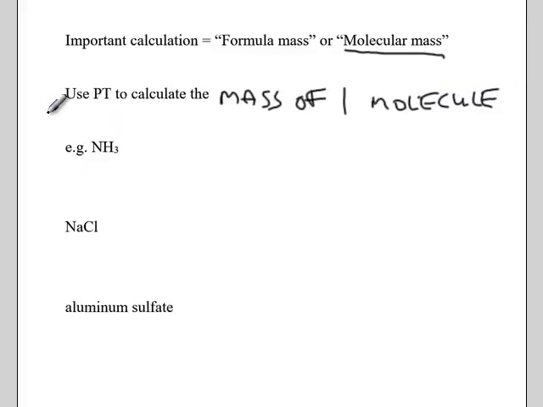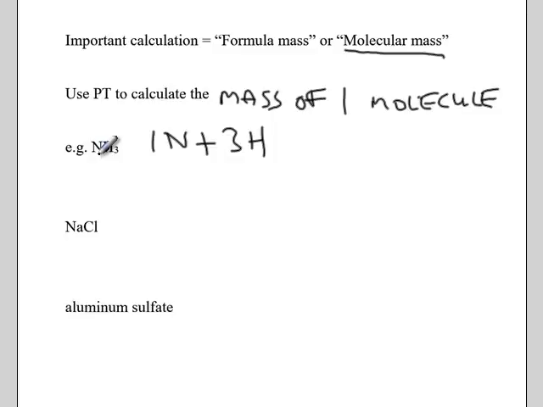For example, NH3. The chemical formula tells you that you have 1 atom of nitrogen and 3 atoms of hydrogen. If you look on the periodic table, you'll find the atomic mass of nitrogen is 14.01.